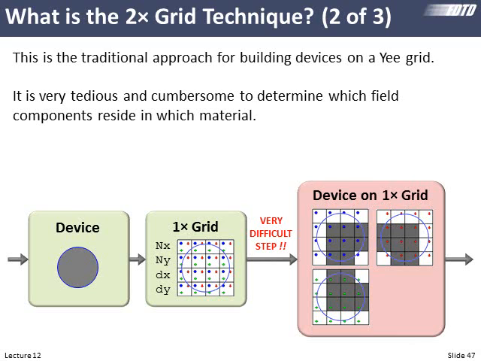So we have this really confusing problem of there's only one device, it's only in one position, but we have to figure out which components are inside and outside, and that can get very difficult. So here's a device, and here's that device overlaid onto a 1x grid, and these little dots here show where the field components lie.